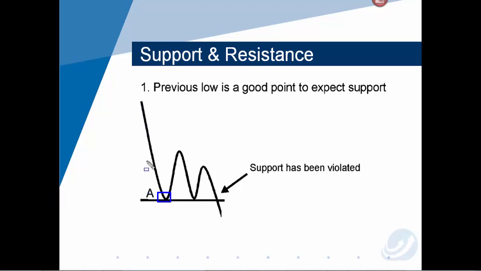As the market falls and finds a support point at A and bounces back upwards, this move here is just a temporary retracement of this larger move to the downside. As the market hits this level once again, remember we spoke about the market having memory.